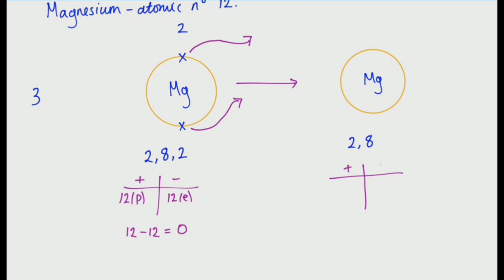Next, we'll look at the charges on the ion. So we'll have 12 positive charges from the 12 protons, but this time we'll only have 10 negative charges because we've lost 2 electrons. So 12 take away 10 would give you a charge of +2. So this is an ion now.